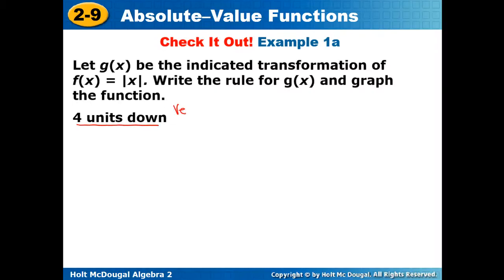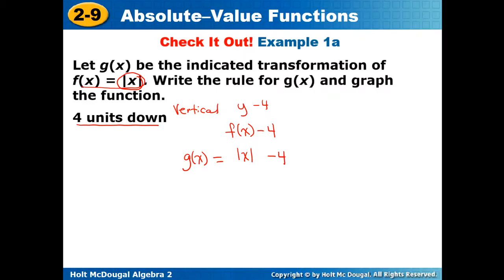So we're going to say y minus 4, or better yet, f of x minus 4. And we already know that f of x is equal to absolute value of x, so we're just going to replace that and say absolute value of x minus 4.